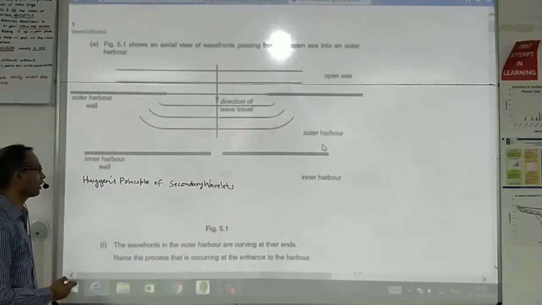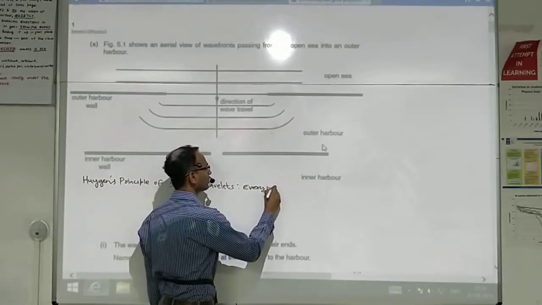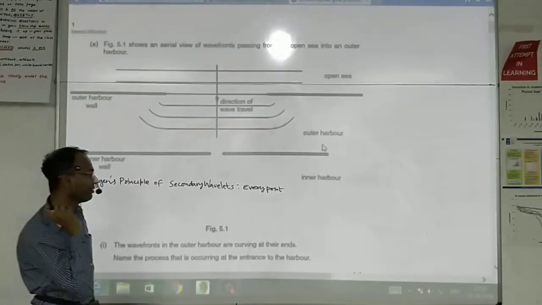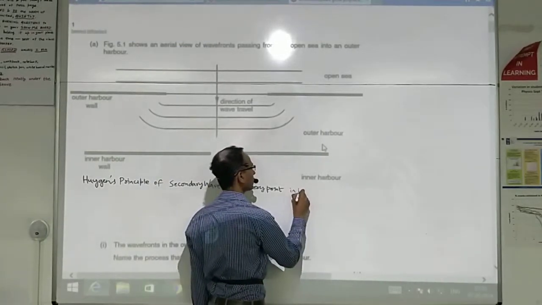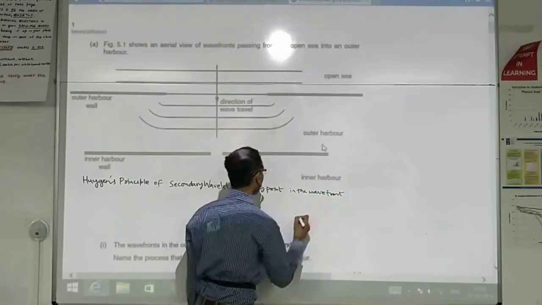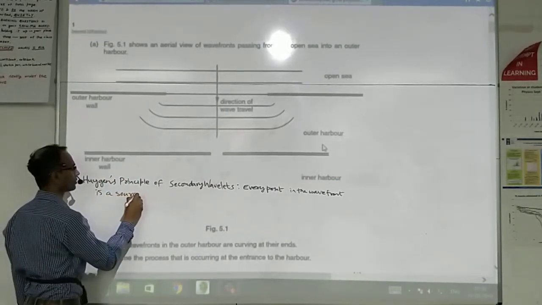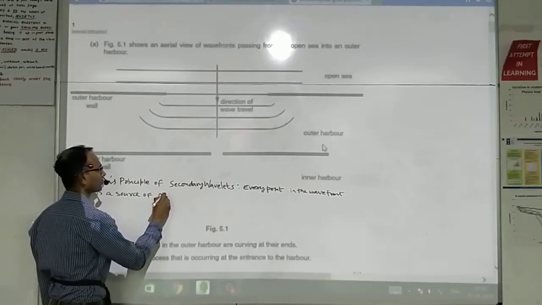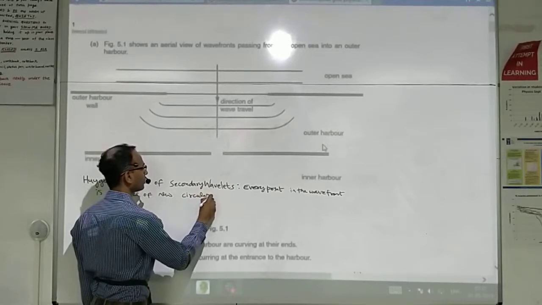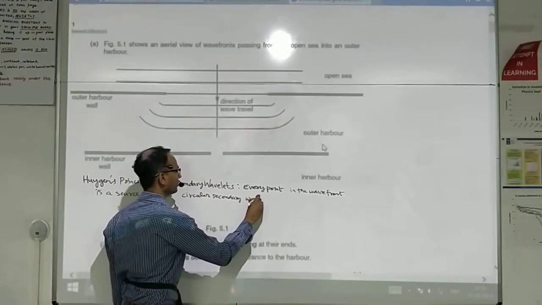According to it, every point in the wavefront is a source of new circular secondary wavelets.